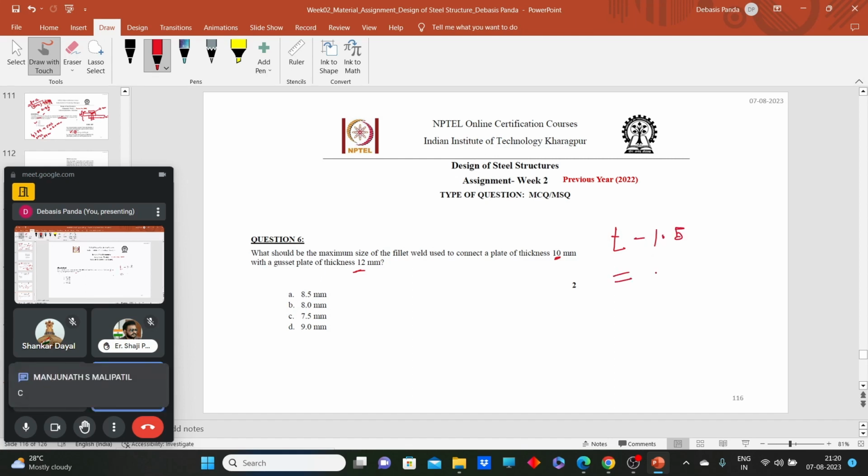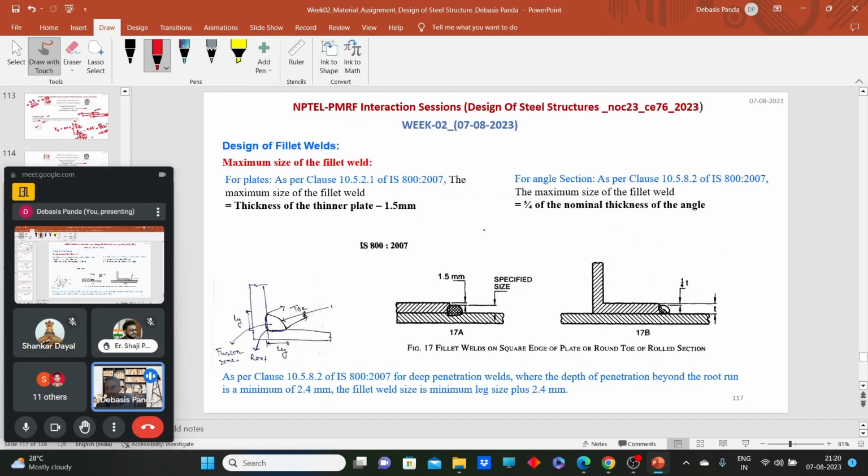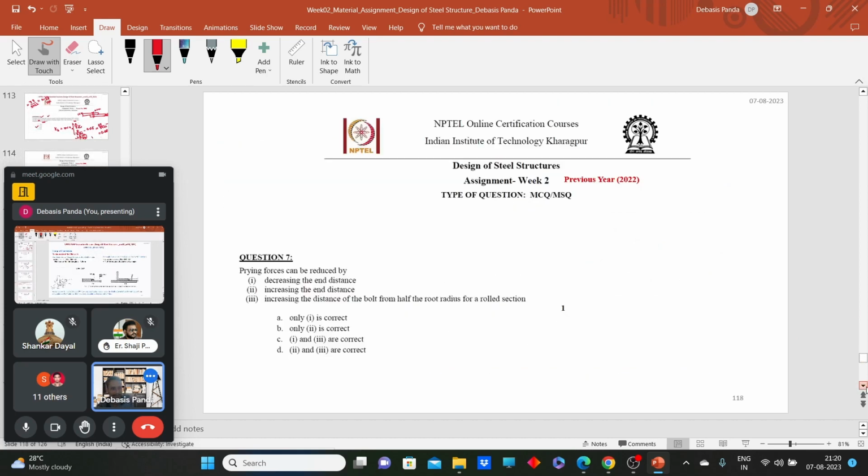So thickness of thinner plate 10 minus 1.5. How much is it coming? 8.5. Okay, so 8.5. Now here that thing I have added, you can go through it.